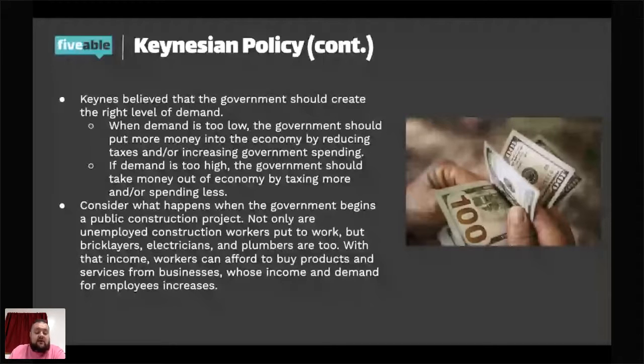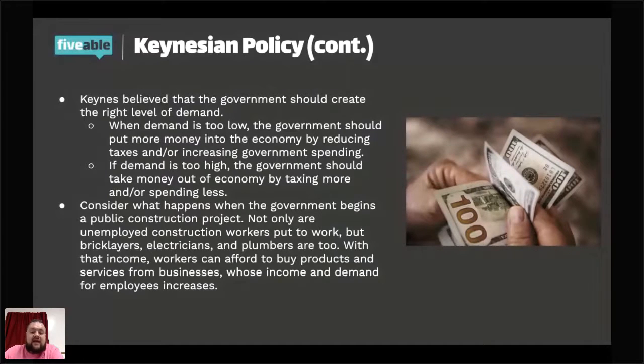And those companies have a high demand for their products because everybody's spending money now because they have the money again. And so what starts to happen? Those companies say, well, we need to increase the amount of what we're making, and thus we need to hire more people. So it's like a cycle. Now we're back to hiring people. So that's how Keynesian policy is supposed to work, is that the government's going to put money in, and it's going to cause an expansion in the economy, okay?